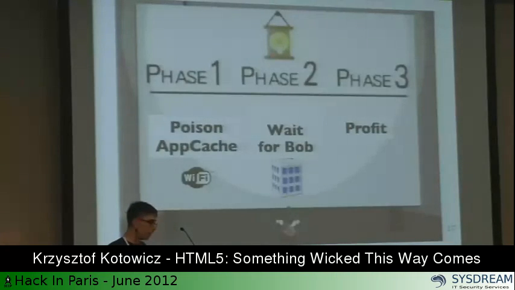So we can abuse that fact to make a phased attack. First, we make Bob connect to our rogue access Wi-Fi point. We can actively monitor and tamper with the traffic that he's sending to, I don't know, Facebook, say. Then we inject a poison. I'm going to show what the poison looks like.